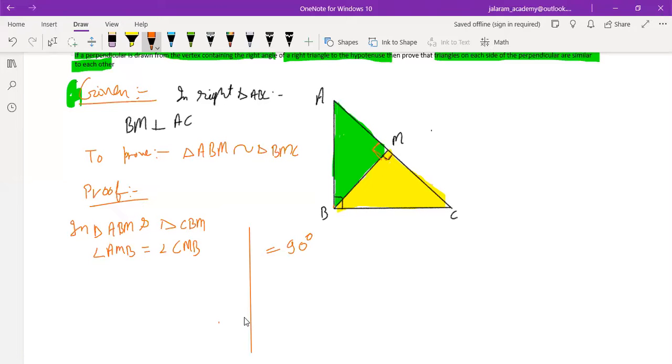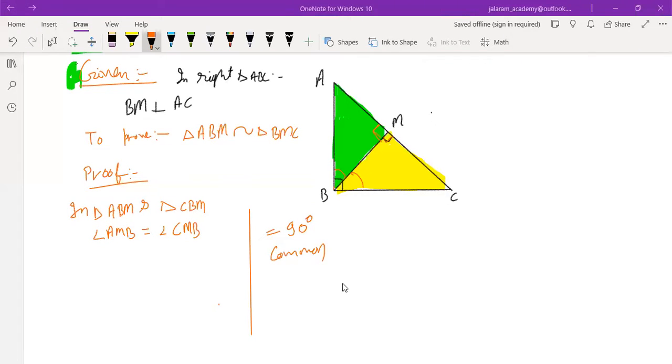Second, are you finding the second? It's a common misconception that when students have to prove the similarity, they start proving the congruency, which is not correct. This angle is equal.